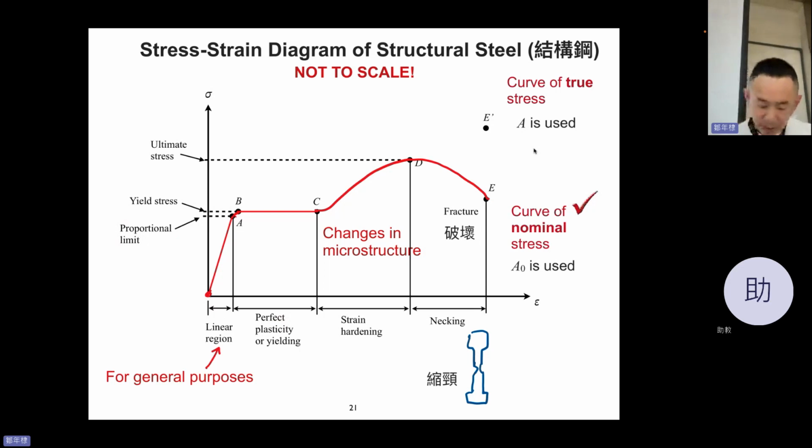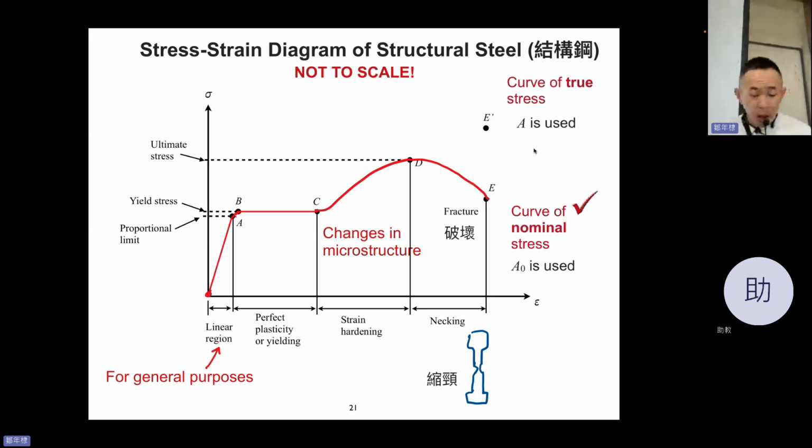During the necking process, the strain will suddenly increase, but the stress will decrease. It cannot resist the stress any longer, then the neck shrinks, and then it fractures. Boom. So this is actually the stress-strain curve of that video.